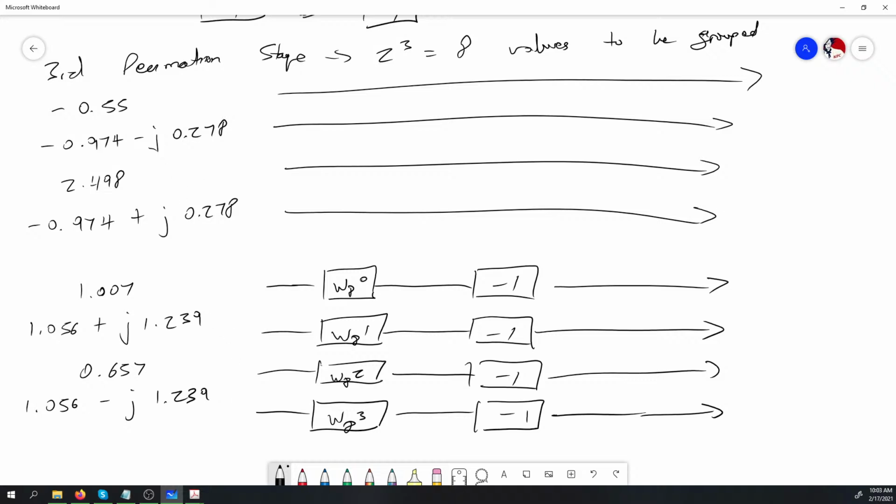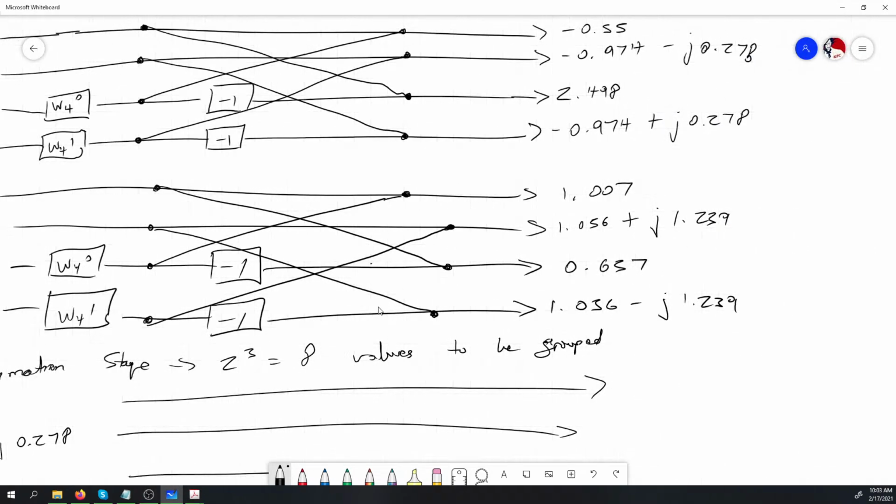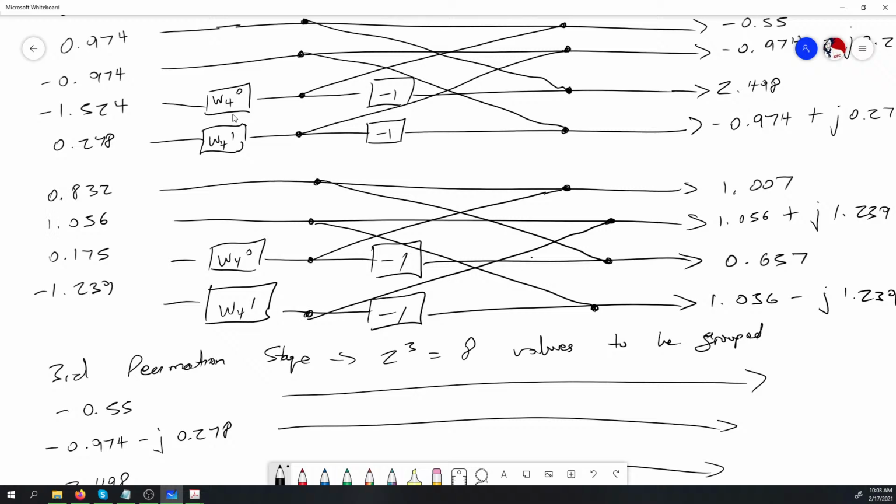So, for example, I just explained why the second row and the fourth row had a complex number because of these W4 terms here being the twiddle factors.